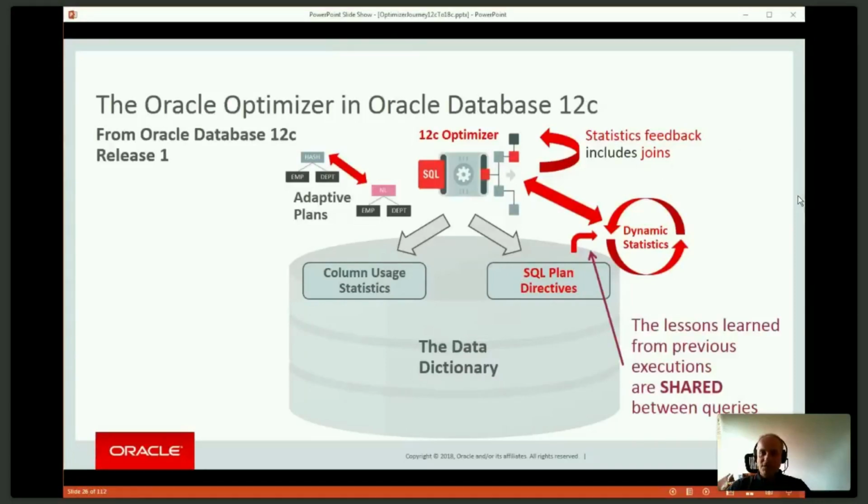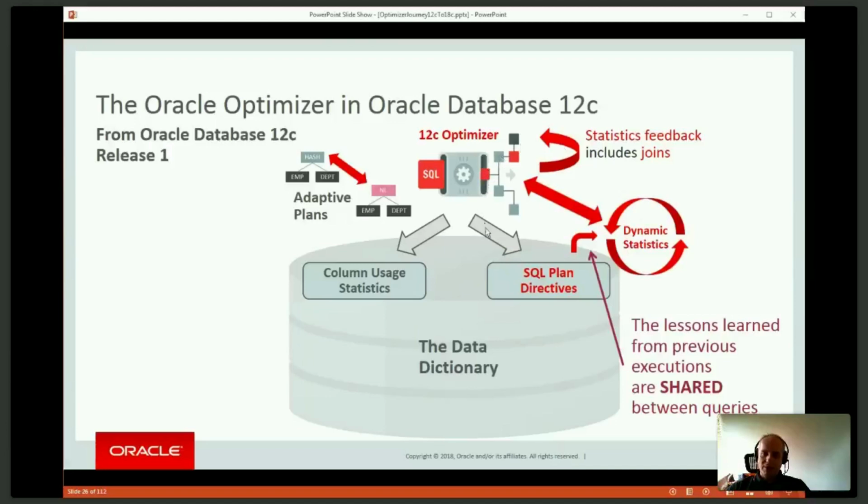And the effect that it has is, if you issue a query and the optimizer sees a SQL plan directive that is relevant to that query, and that means it has where clause predicates that are associated with the SQL plan directive, we can then issue dynamic statistics queries. These are sampling queries that are executed by the optimizer to sample the data physically in order to get better cardinality estimates. So I like to think of this again as a feedback loop.